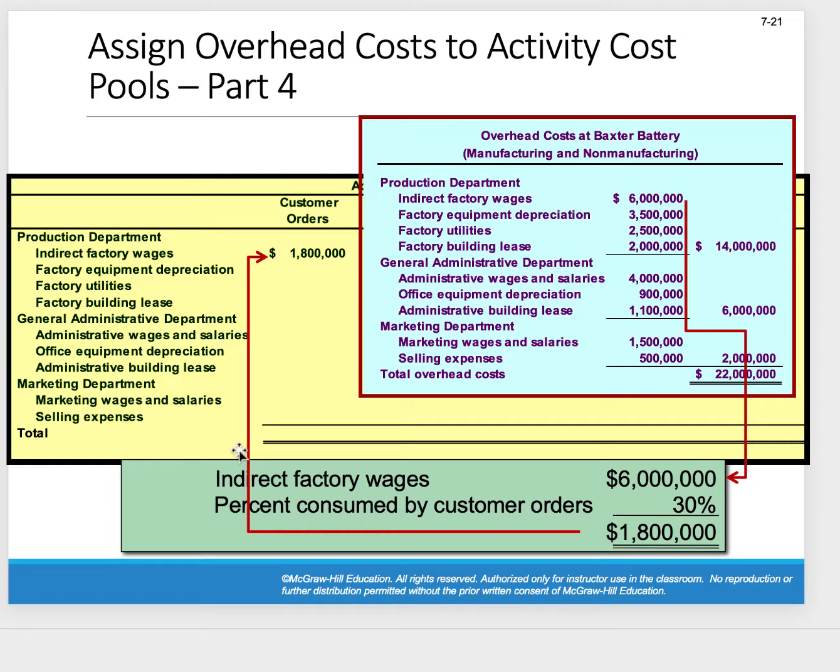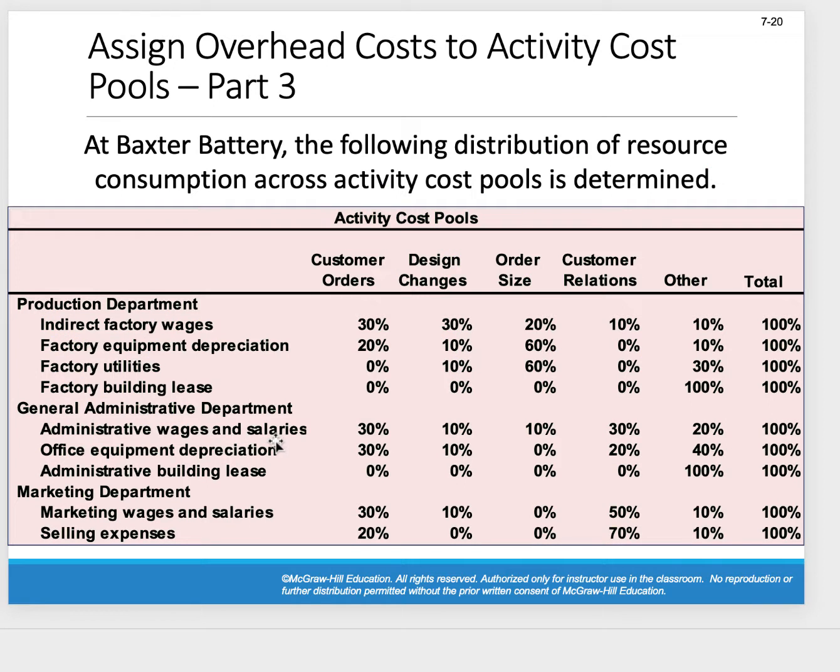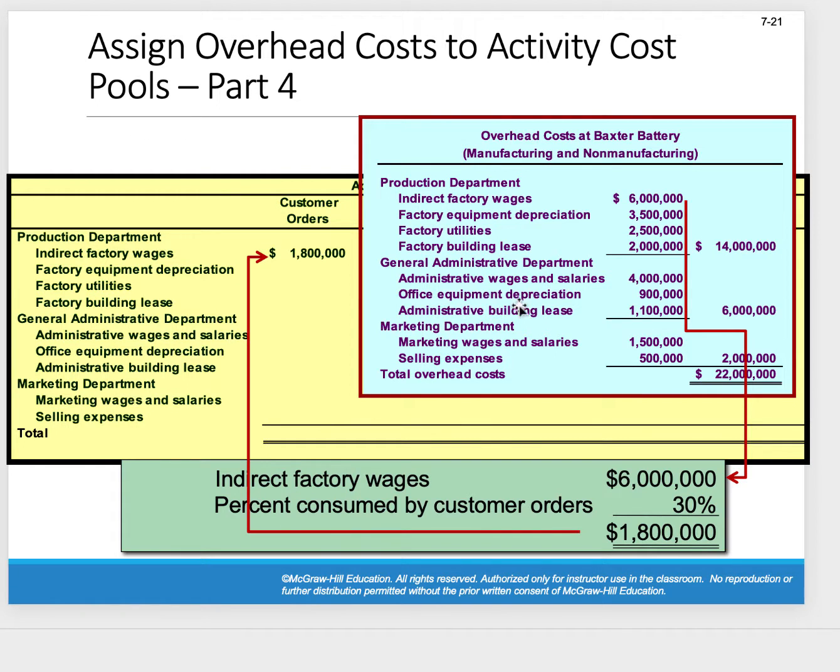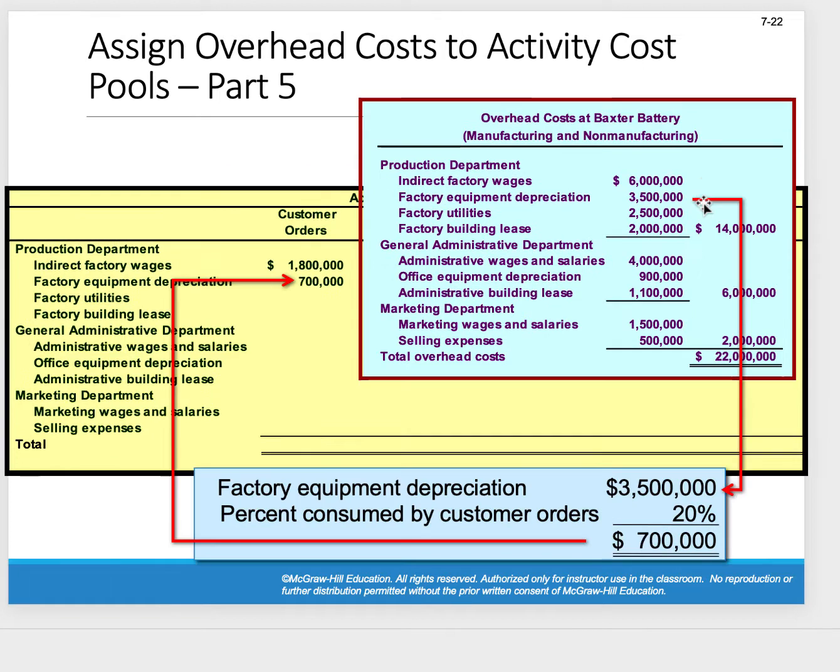All we do is plug and chug. Okay? So we know that the production manager told us that, hey, 30% of indirect factory wages go towards customer orders. We take our total indirect factory wages of $6 million and we multiply that by 30%. So we're going to allocate 30% of that total cost to that activity cost pool of customer orders. Okay. We do the same thing with factory equipment and depreciation.